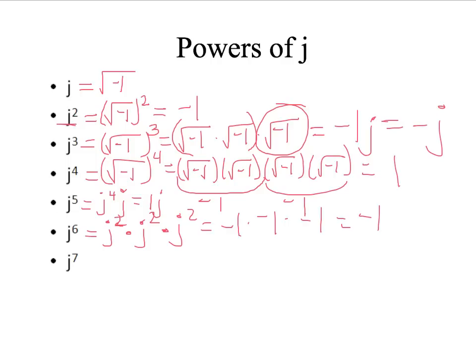Notice it's the same thing as j squared. So by now you've probably started to guess that j to the seventh power is going to be j. So after every 4, they repeat.